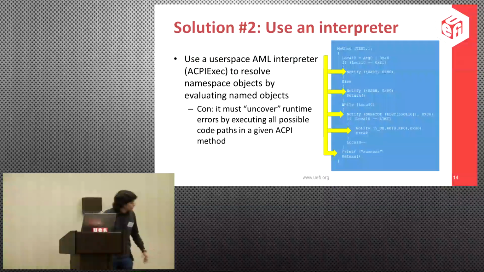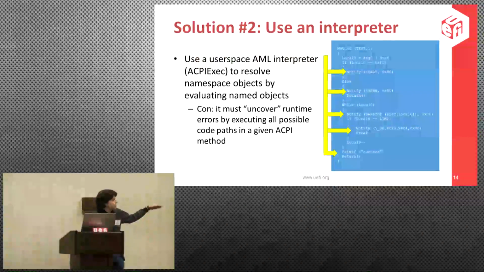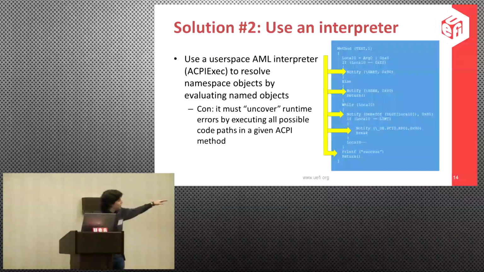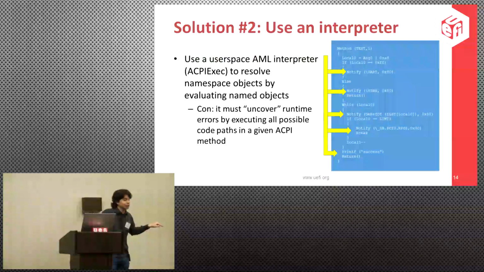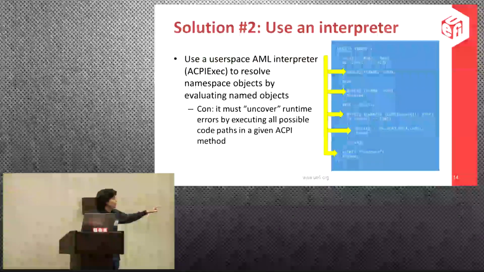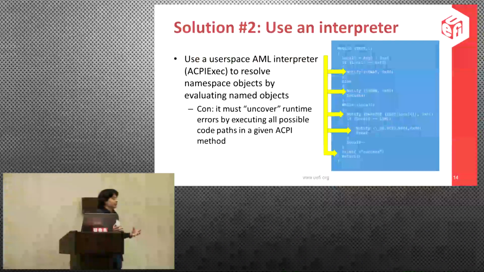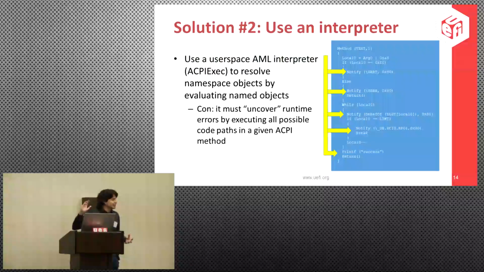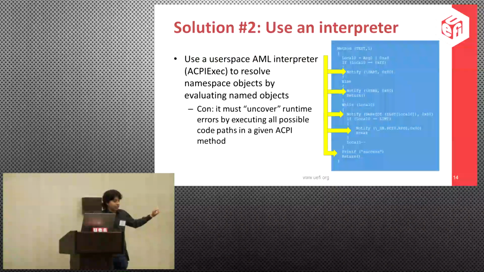However, we need to actually be able to test each and every single code path. So we need to be sure to generate test cases that will go through every single possible execution path. Because maybe in some execution path, there may be a reference to a name that will remain dormant until the operating system evaluates the method in a certain way that will trigger this error.